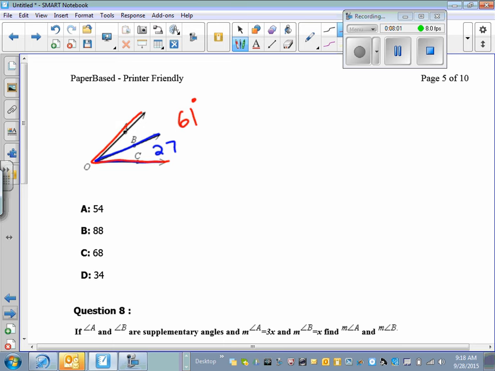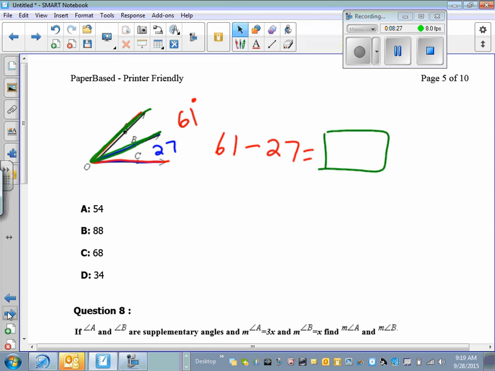You see the big one is 61, and the blue one, the small piece, is 27. They want you to solve for AOB, which is the green one here. They want to know what this is. To find the green one, you take the whole thing, which is 61 minus 27, and that gives you the solution for the green one.